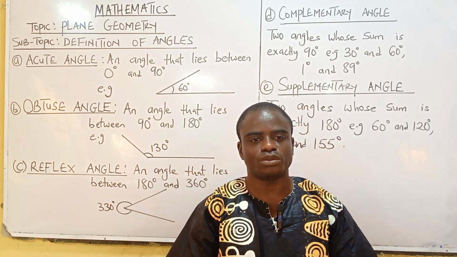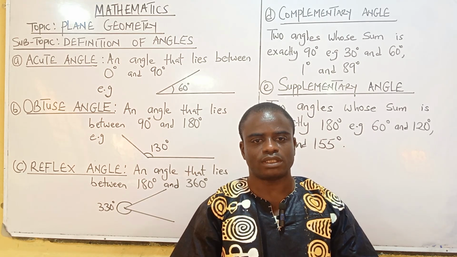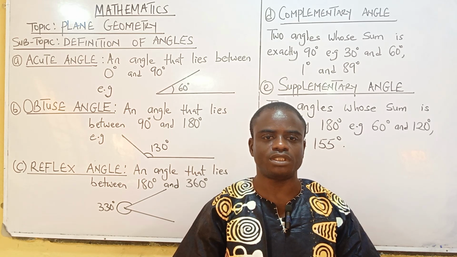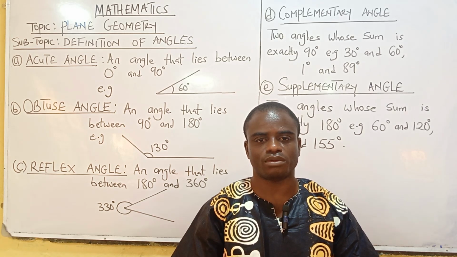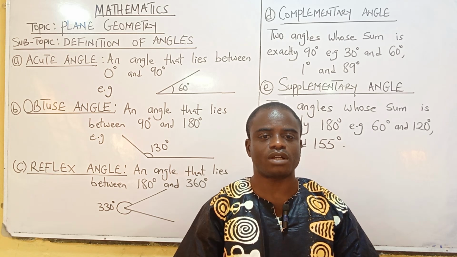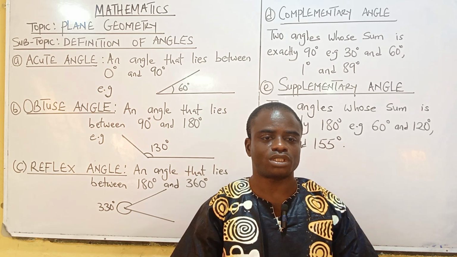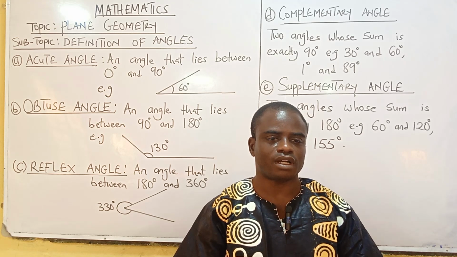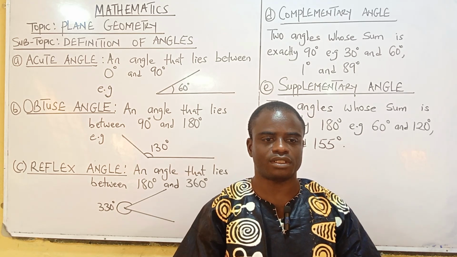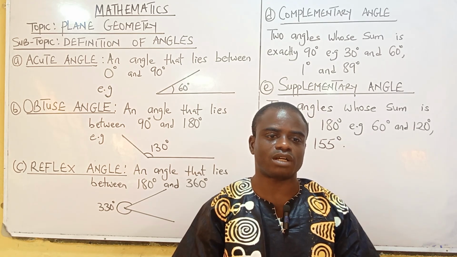The next angle that we are going to be considering is reflex angle. Reflex angles are those angles that fall between 180 degree and 360 degree. They are referred to as reflex angle.